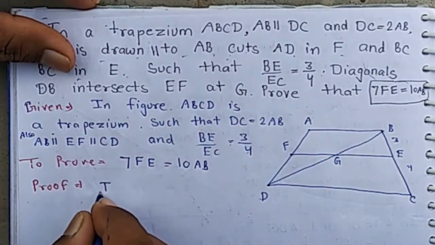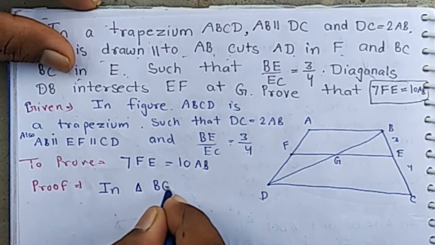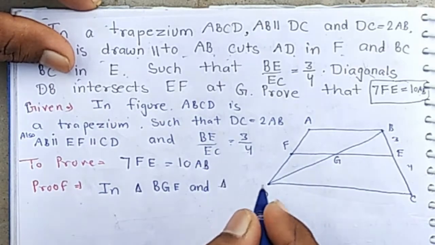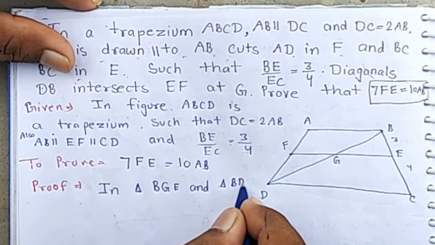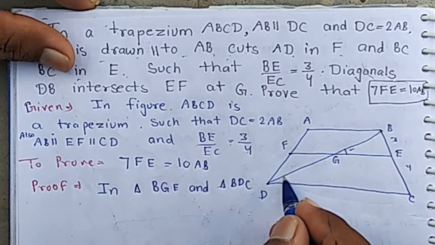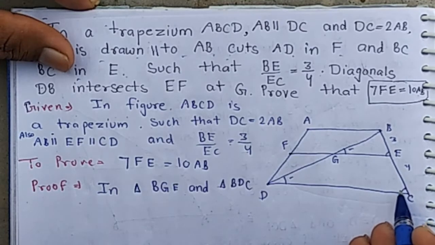In triangle BGE and triangle BDC, we have this angle equal to this corresponding angle, and angle B is common.